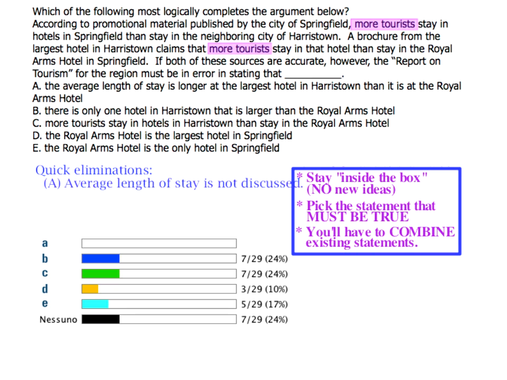And as far as B goes, B and D should also be quick eliminations, because we just know about the number of tourists, but there's no relationship necessarily to the size of the hotels themselves.